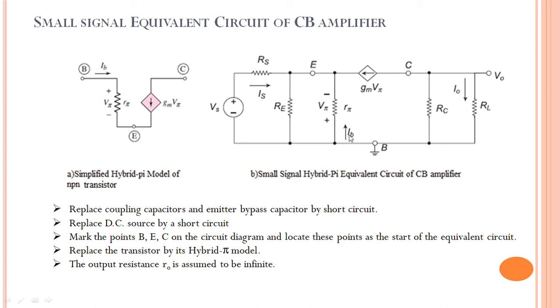IB can be written as V pi divided by R pi, and IS can be written using the voltage at the two ends of RS. The voltage at this node is given by Vs, and the voltage at the other end of RS is given by minus V pi. So I can write IS as equal to Vs minus V pi divided by Rs.